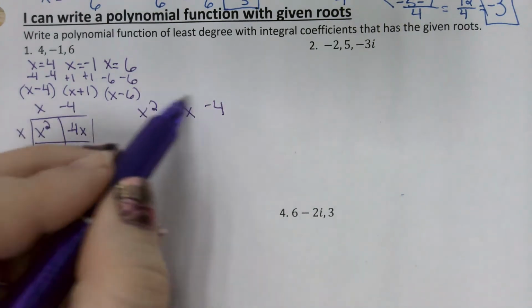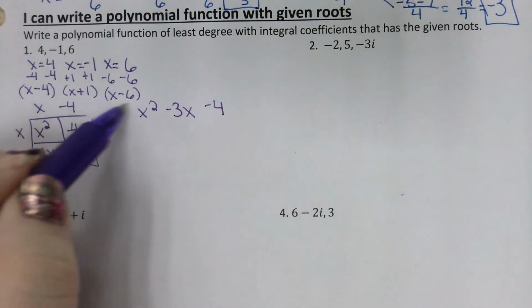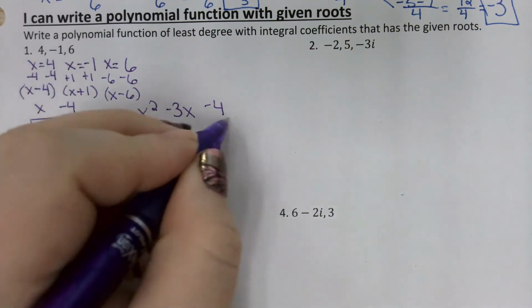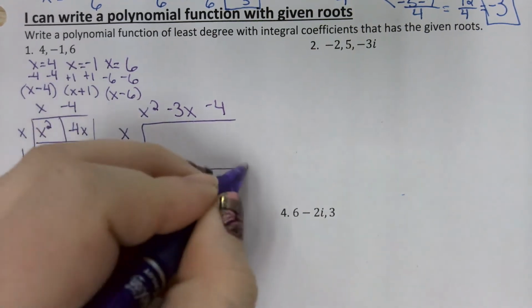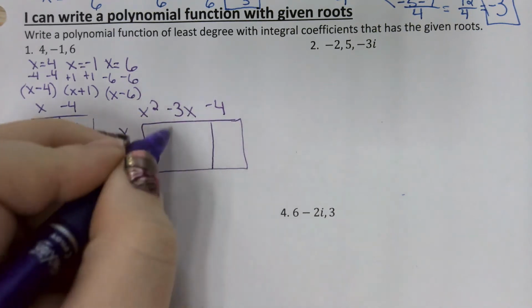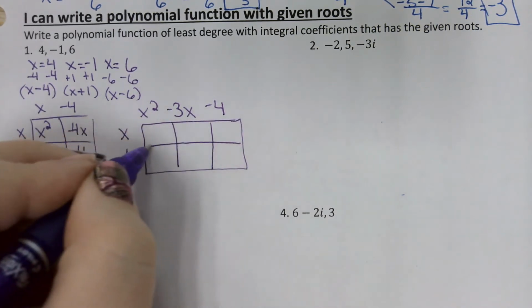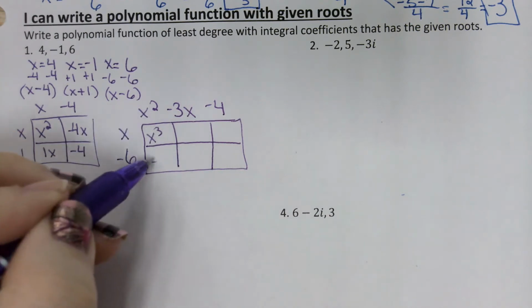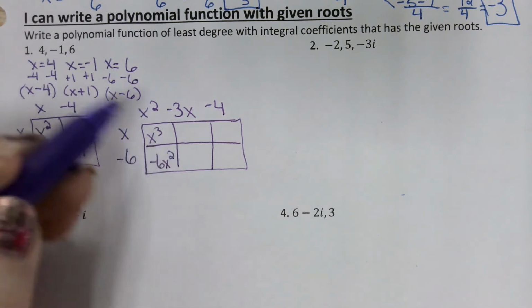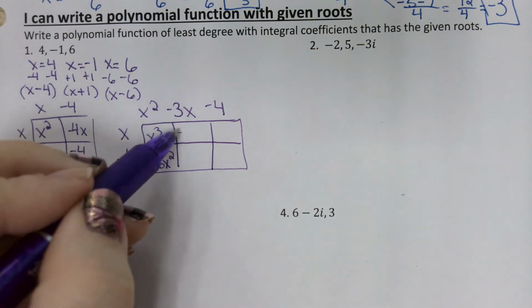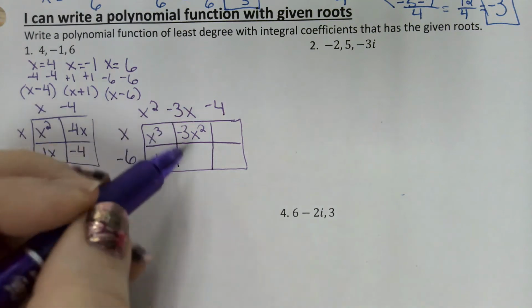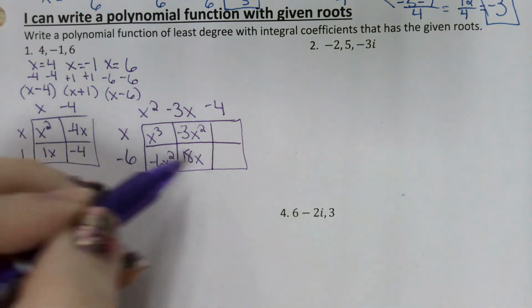You're going to take that answer and now multiply it with the final factor, x minus 6. So that gives us x cubed, -6x squared, -3x and x gives me -3x squared, -3x and -6, 18x.